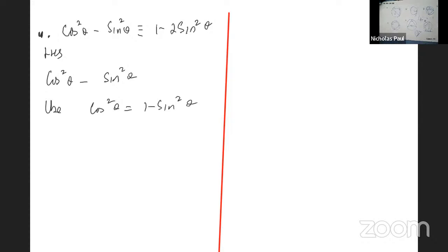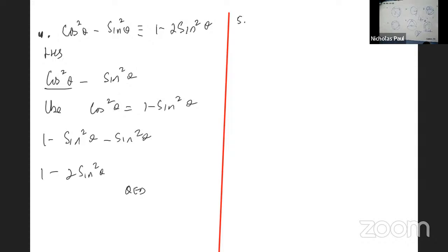So I'm going to take this off and write 1 minus sine squared. Then 1 minus sine squared minus sine squared is 1 minus 2 sine squared. That's it, QED. That's all. But if you want the harder route, you could have also taken the right hand side.